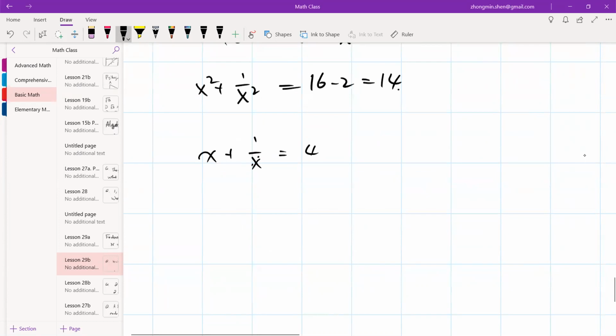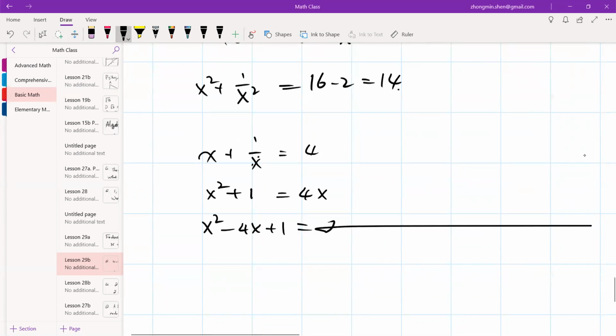How do you solve this equation? Alex, you say you know the quadratic formula? So you multiply both sides by x, and you get x squared minus 4x plus 1 equals 0.